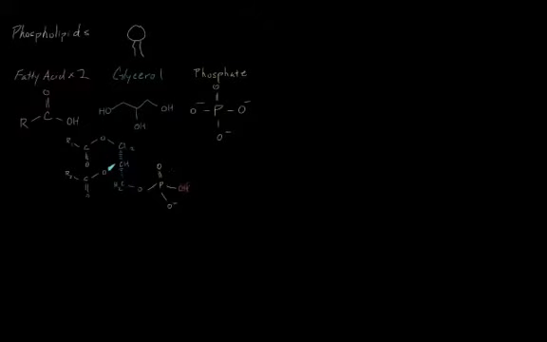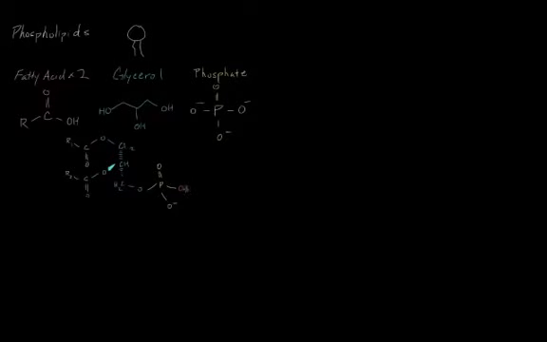Now, you'll notice that one of the negative oxygens is missing, and it's been replaced with a hydroxyl group, an alcohol group. And that's what this is in the orange. Well, that's because in our cell, a phospholipid actually looks like this. The negative oxygen actually picks up a hydrogen and becomes an alcohol group.